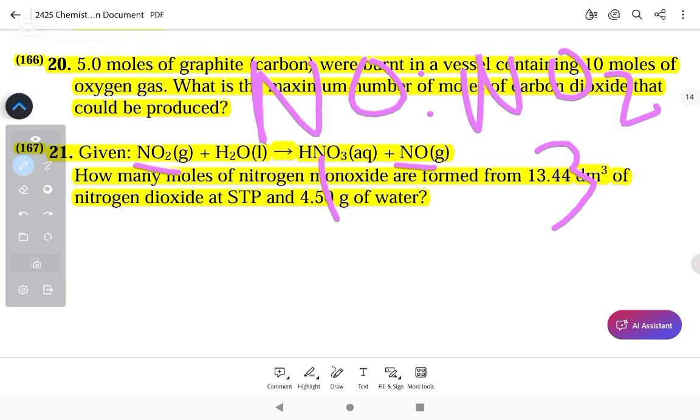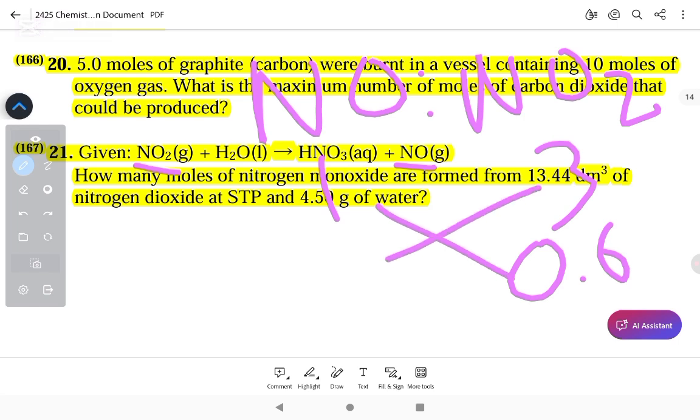We divided by 3 because we wanted to find the ratio as excess and limiting, but without that the mole was 0.6 for NO2. So 0.6. Now how many moles of nitrogen monoxide are formed? Just do that. You're going to get 0.2 moles.